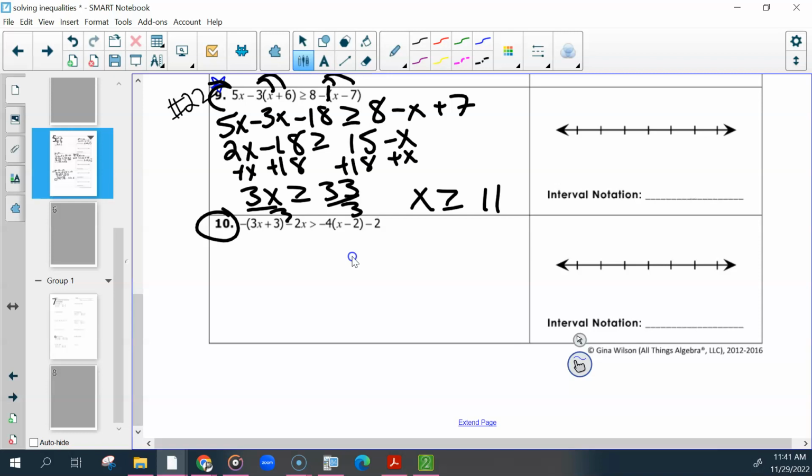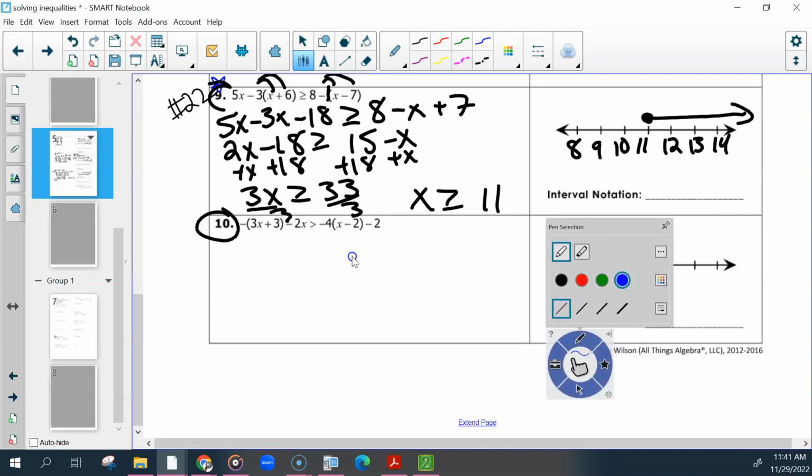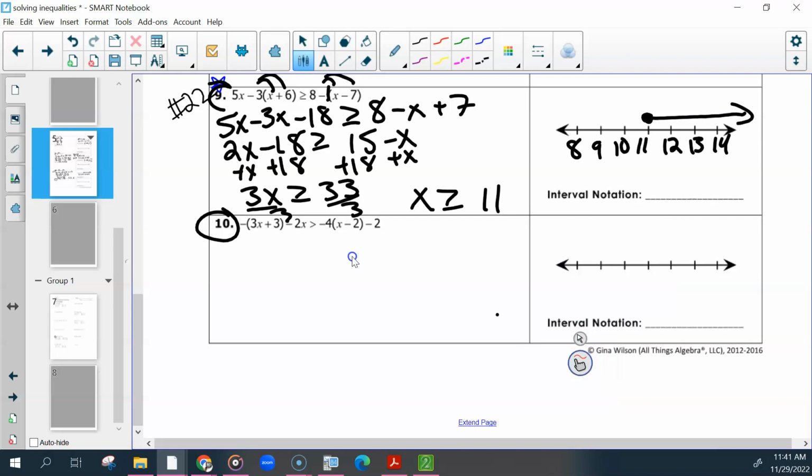Make your number line. This would be a closed circle going to the right. Where would this start? Looking at your number line, where would this start? 11.